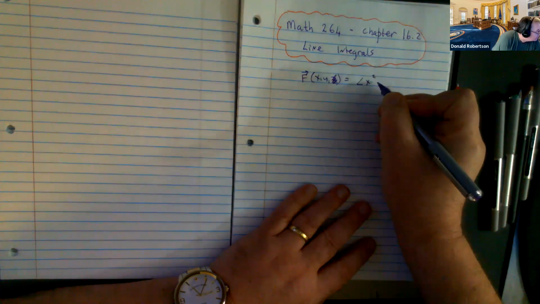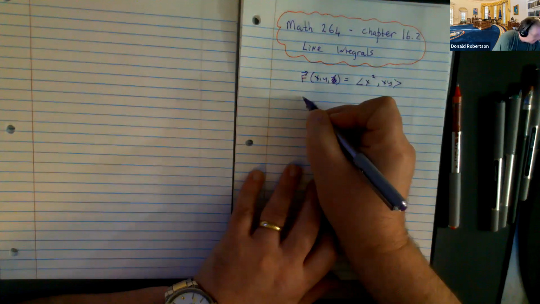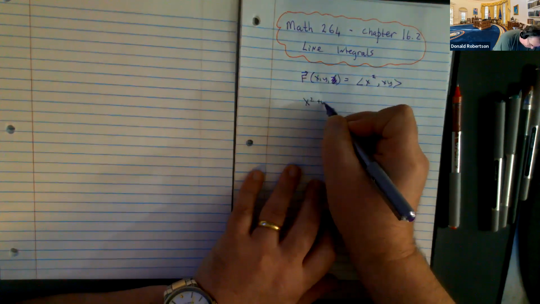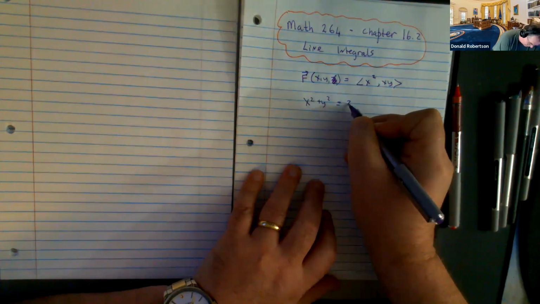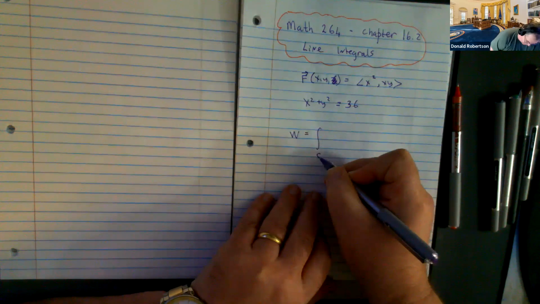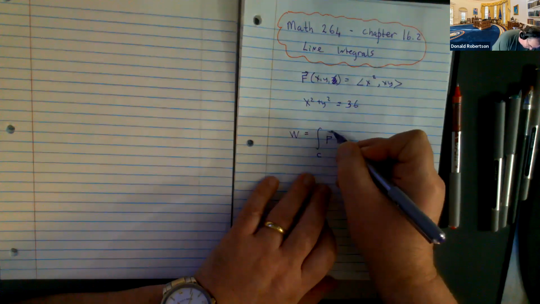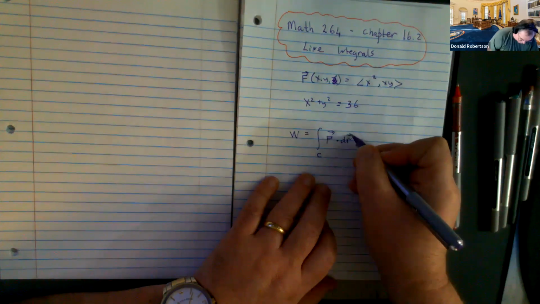So it's x squared and xy. And I have a circle.